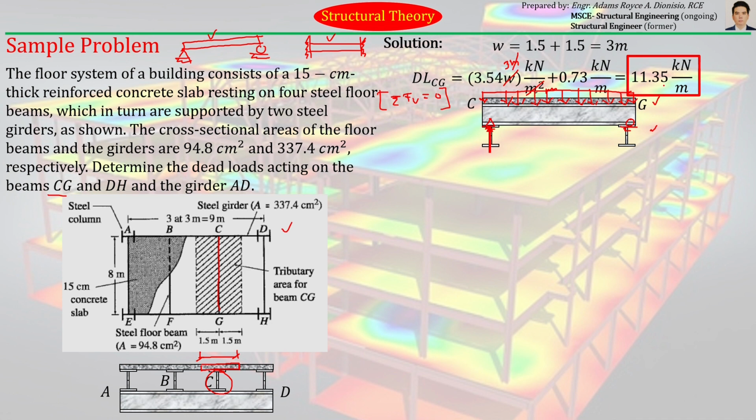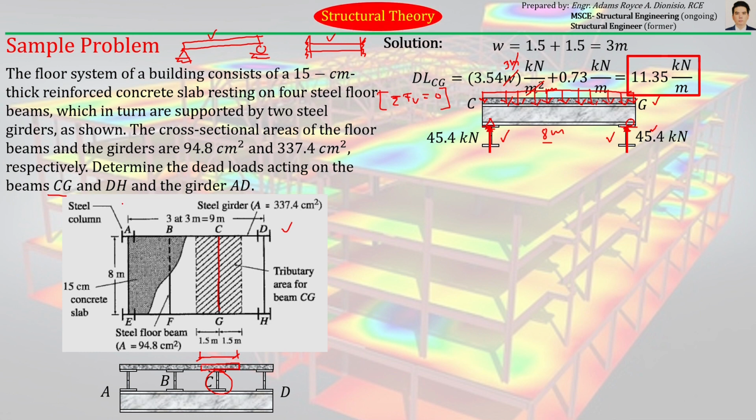So, ang gawin mo lang, 11.35 times the length of CG, which is 8 meters. So, yun yung magiging total weight being carried by floor beam CG. And then, yung total weight na yun are evenly distributed from this girder and this girder. So, itong dalawang girder na to naghahati ng pag-support dun sa product ng 11.35 and 8 meters. So, kung i-divide mo yun sa 2, ito yung makukuha mo na sagot. Okay, 45.4 kilonewton. So, that's for floor beam CG pa lang.